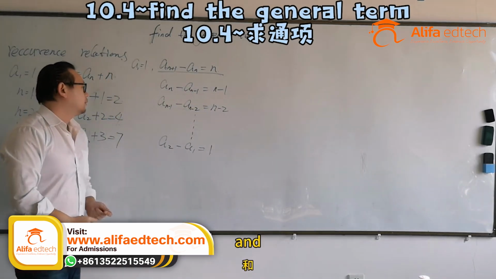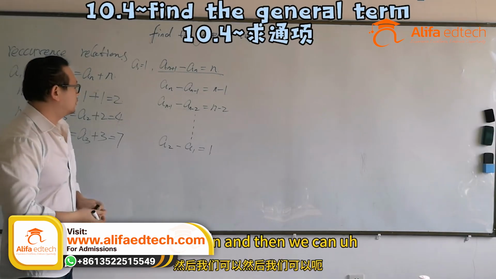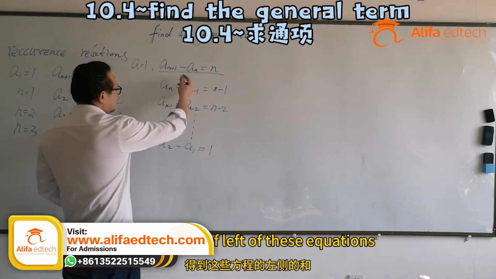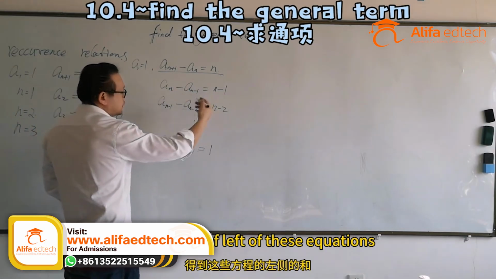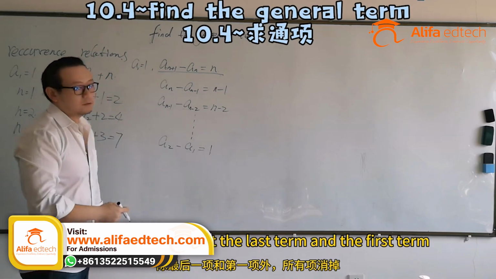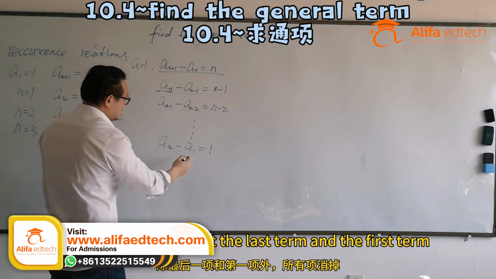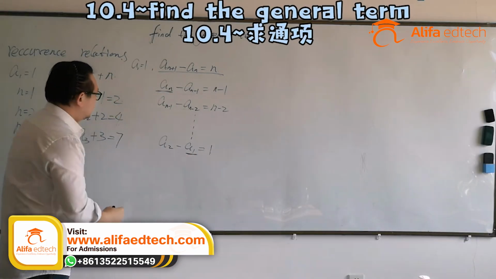And then we can get the sum of left of this equation. So all terms cancel except the last term and the first term.